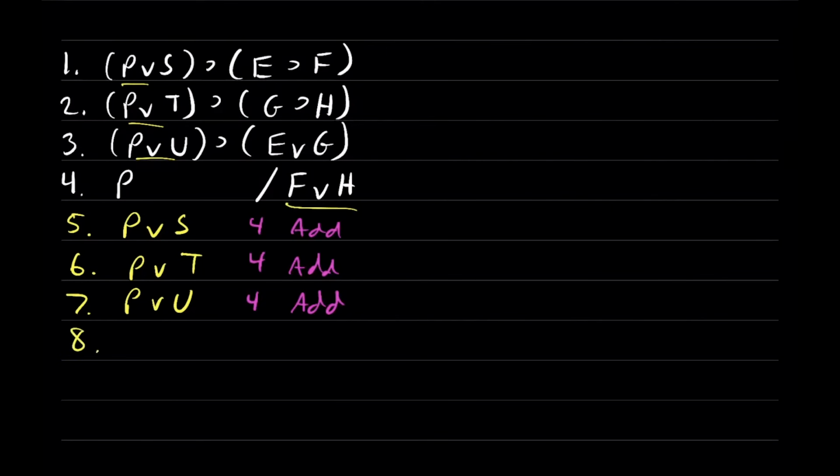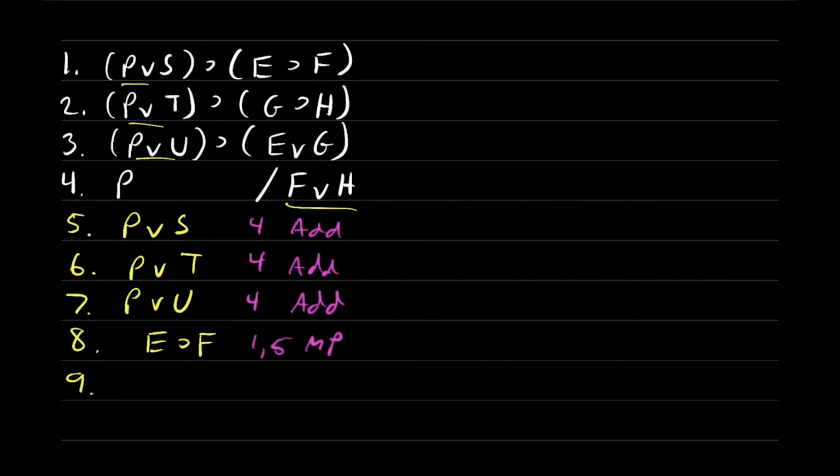And now we can do modus ponens steps. Once we have those 3 antecedents, we can do modus ponens using the conditionals in lines 1, 2, and 3. So from line 1 and 5, we're going to get E implies F, the consequent of that conditional in line 1. So line 1 and 5, modus ponens.